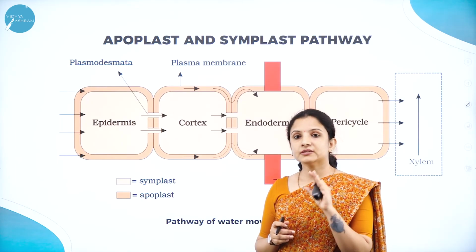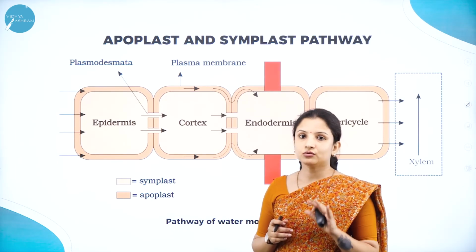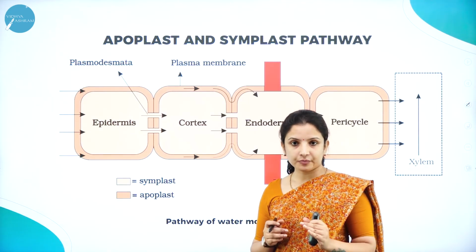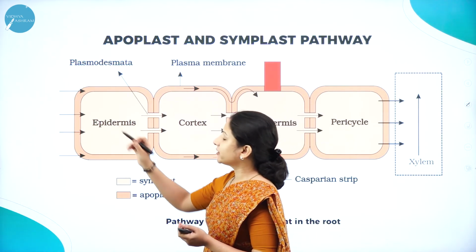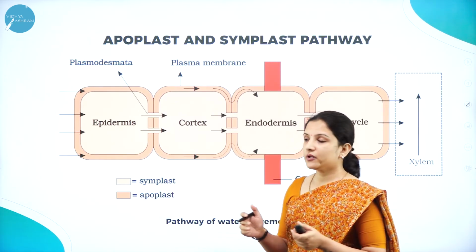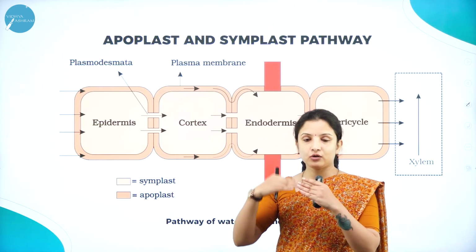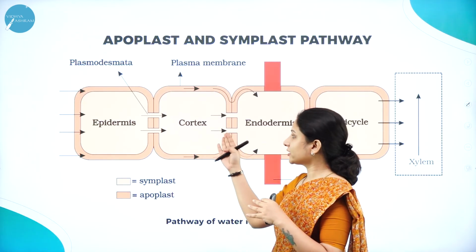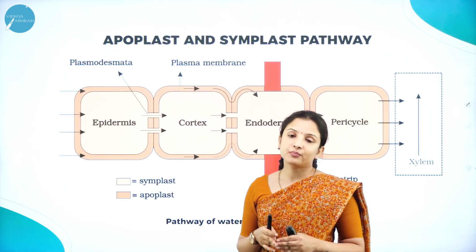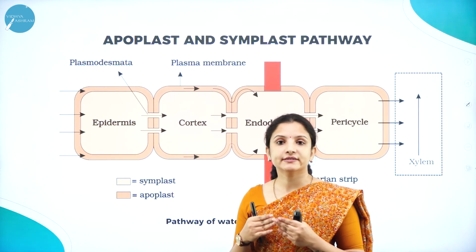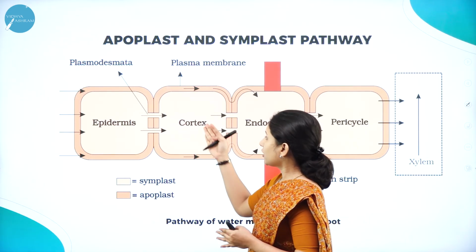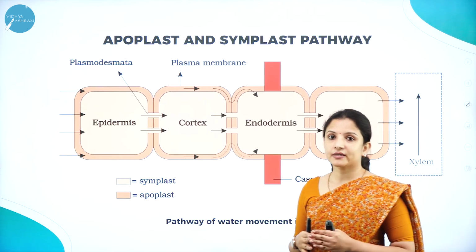On the epidermis are present the root hairs. So the water first will be absorbed by the root hair, then it will enter into the epidermis, then it will move to a region just below the epidermis, that is the cortex. The epidermis is made up of barrel shaped cells called epidermal cells, and the cortex is made up of parenchymatous cells.